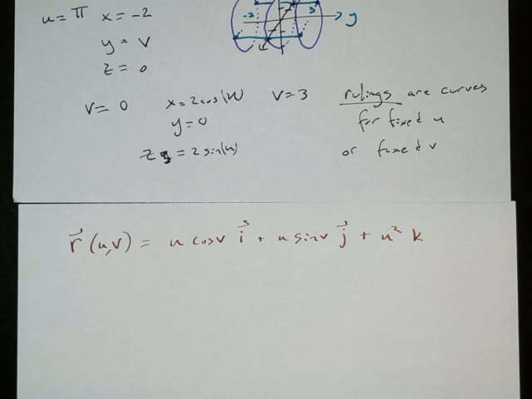In x and y, right? Because x and y have the cosine and sine and v, and that will be allowed to change. But z will be a fixed number. So I'll get a circle up here somewhere. Circle of radius u at a height of u squared.